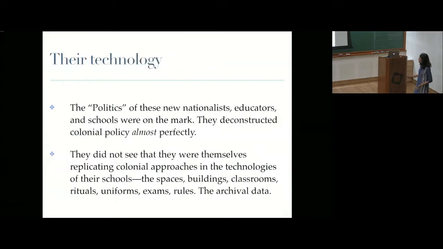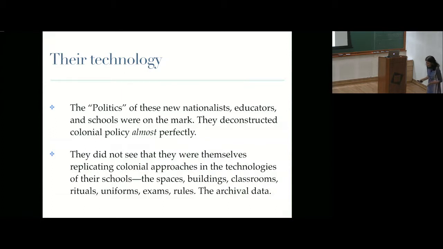But the point why they did that is because they did not use any technology. Their politics of opposition was fine, it was great. But I think one of the things to look at in terms of education is, again, coming back to the funding, to the resources, to the training, and so on. So they rather mechanically replicated colonial approaches.